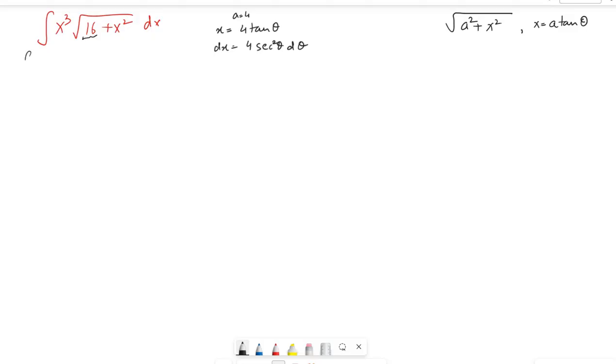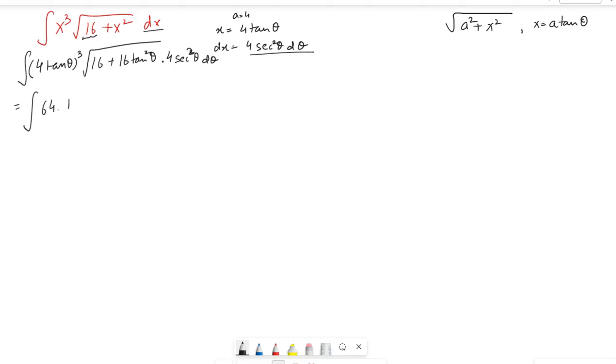Let's make the substitution. x is 4 tangent theta, so we have x cubed over the square root of 16 plus 16 tangent square theta, times, in place of dx we write this whole thing, 4 secant square theta d theta. 4 cubed is 64 times tangent cubed theta.